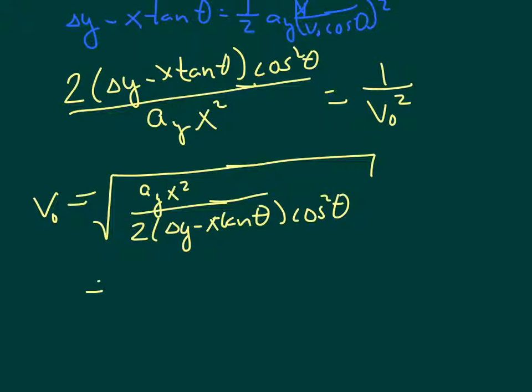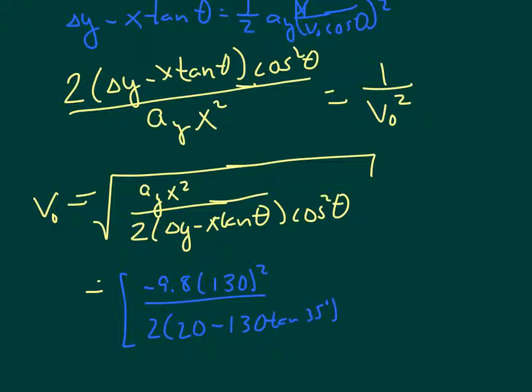Equals, plugging in numbers, I'm just going to do this so I can put the negative 1/2, 9.8 times 130 squared over 2. Delta y is 20 because it's 21 minus 1. 20 minus 130 tangent 35 degrees times cosine squared 35 degrees.